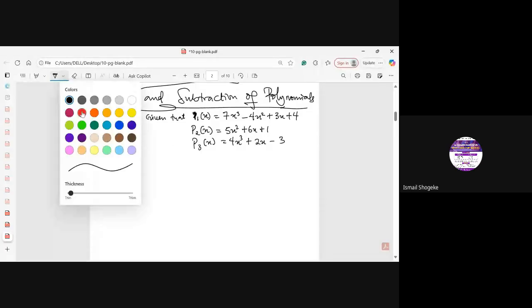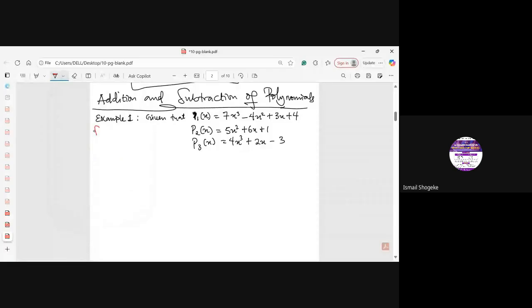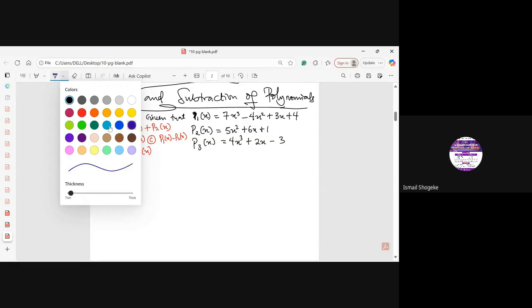Now the question. Find A, P1 of X plus P2 of X. B, P1 of X plus P3 of X. C, P1 of X minus P2 of X. D, P3 of X minus P2 of X. Now, to add and subtract polynomials is actually very simple, one of the simplest things you want to do.